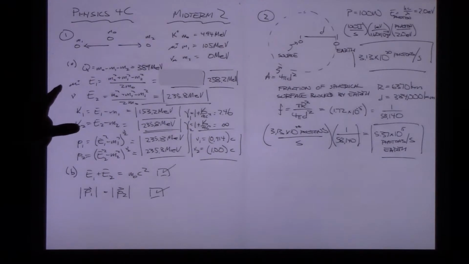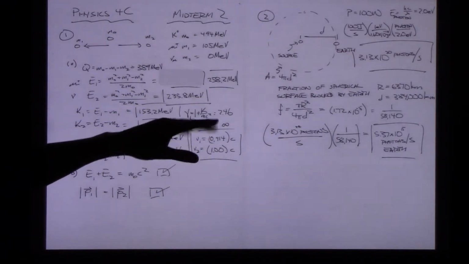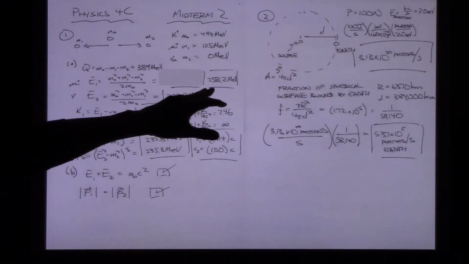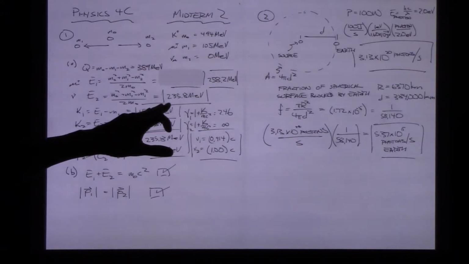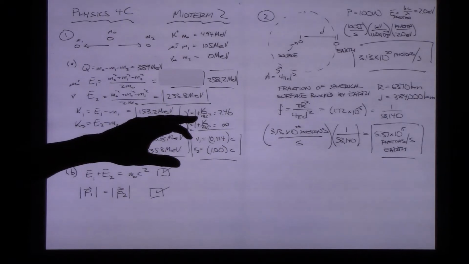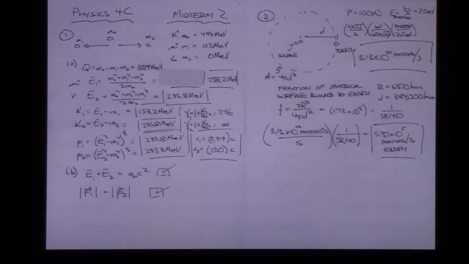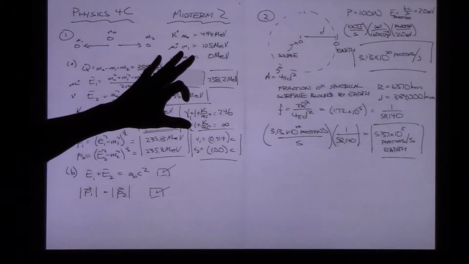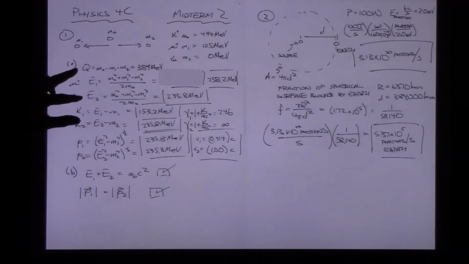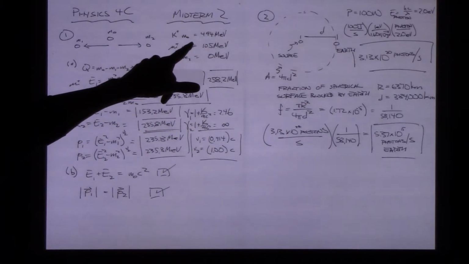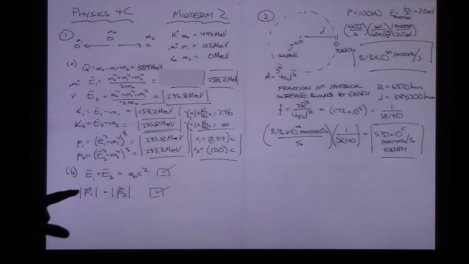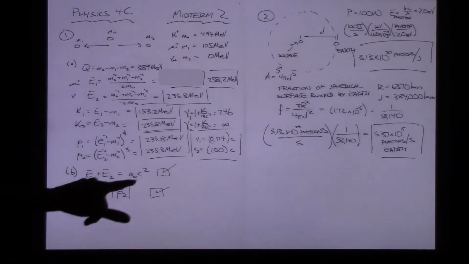The muon ended up with, just kind of coincidentally, 258 MeV, and the neutrino at 234 MeV.